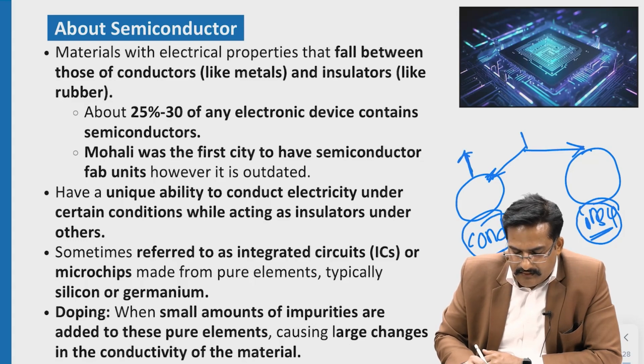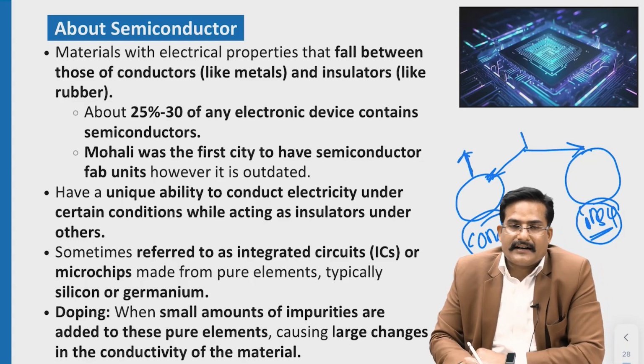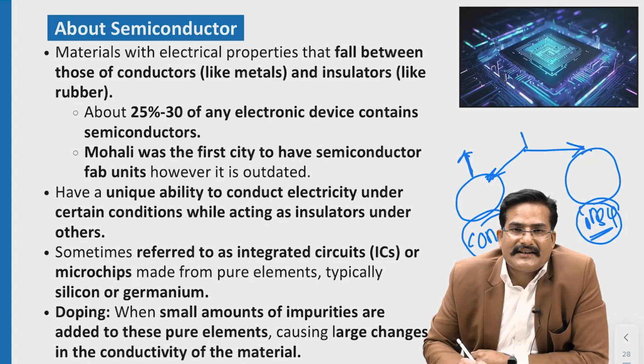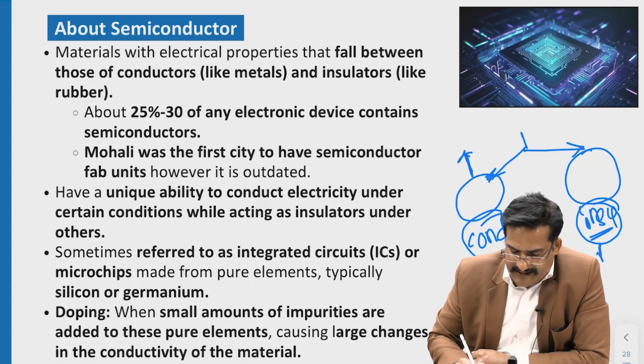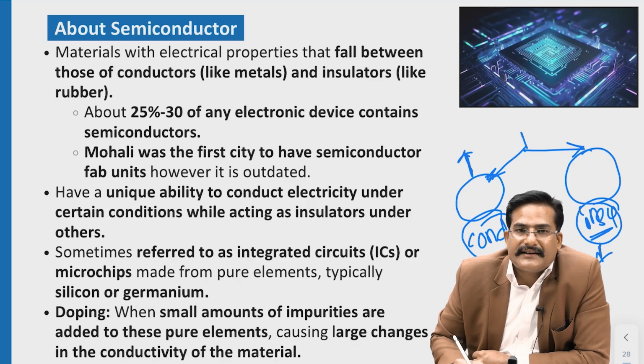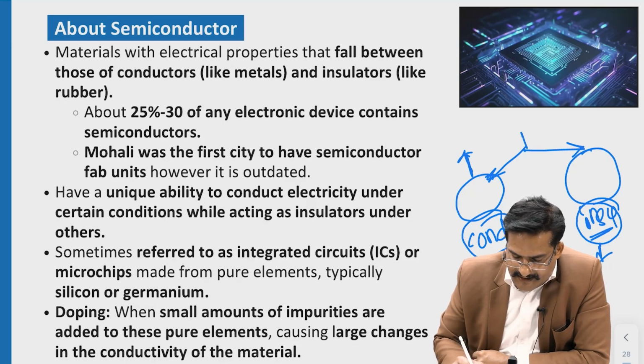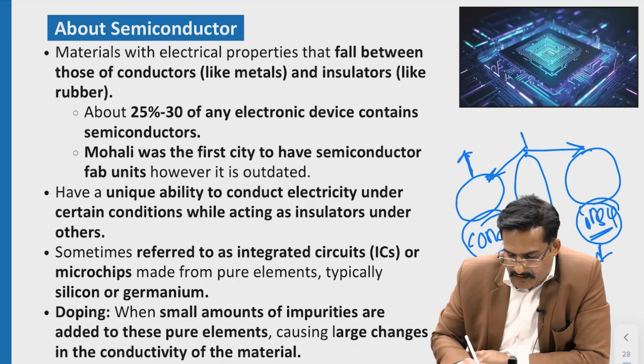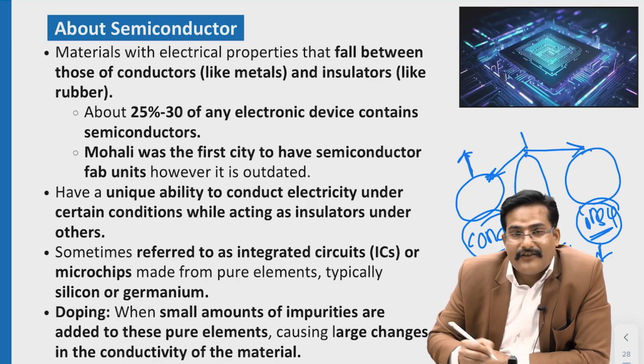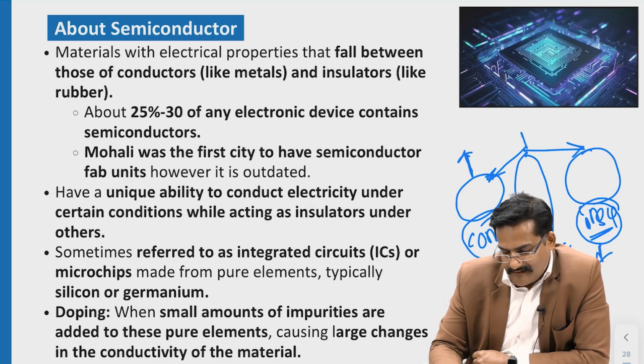Conductors basically conduct electricity, and insulators basically don't conduct electricity. And in between the conductor and insulator, there is a semiconductor. It means they are half conductor and half insulator.